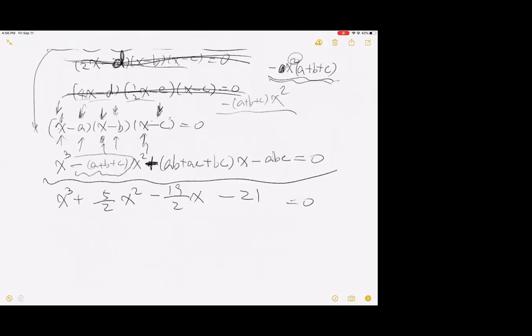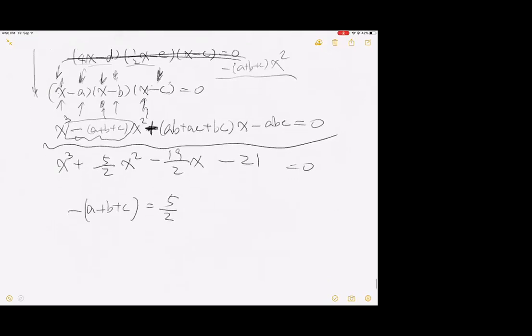The corresponding actual answer is 5 over 2 x squared. So a plus b plus c is equal to negative 5 over 2, and a plus b plus c squared is 25 over 4. Clear? Any questions?